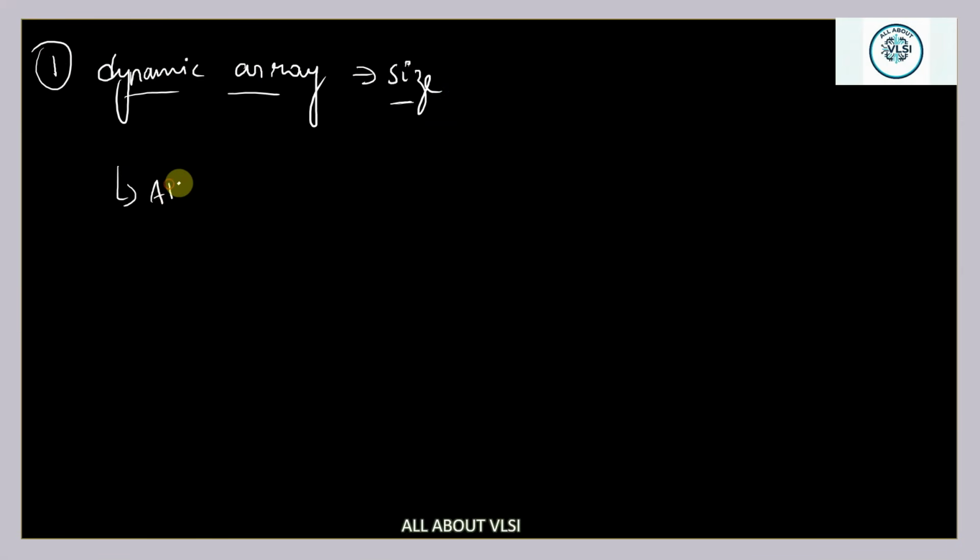Okay. So first of all, my first question is: we need to create a dynamic array, and we need to allocate the size of this dynamic array using constraints.